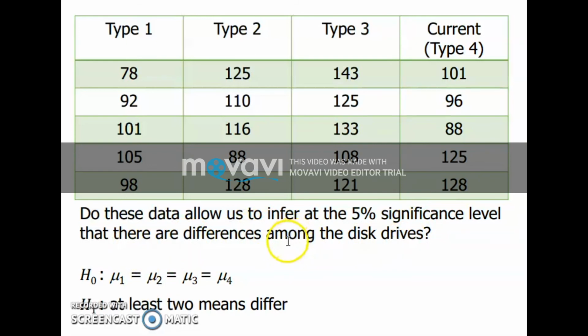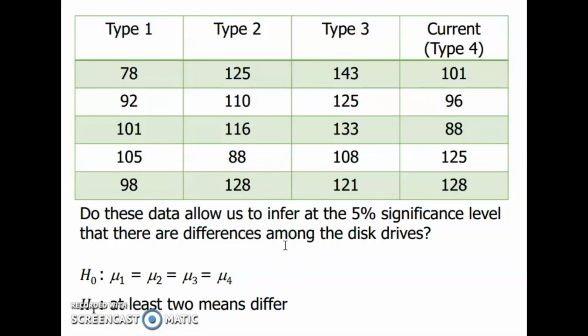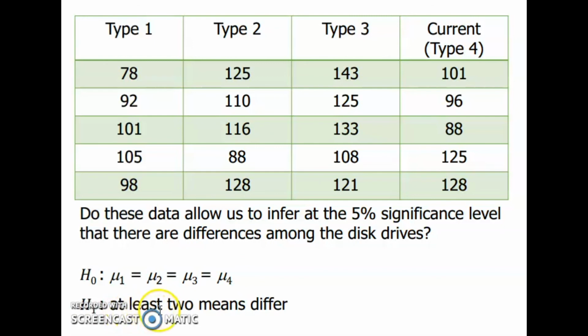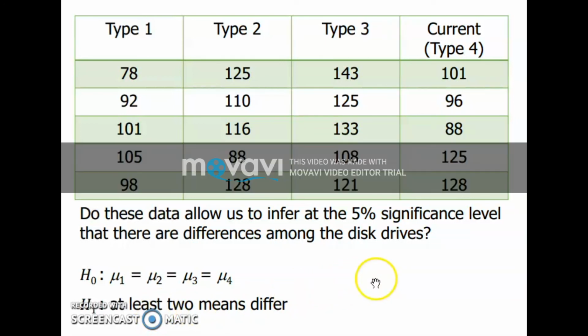So we want to find out whether there is any statistical difference in the means of the number of weeks until breakdown among the 4 types of disk drive. So we have H null: mu1 equals mu2 equals mu3 equals mu4, and we can write H1 as at least 2 means differ, or at least one of the means is different, or as mu1 not equal to mu2 not equal to mu3 not equal to mu4. That's how you write H null and H1.